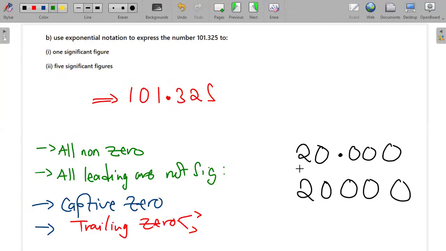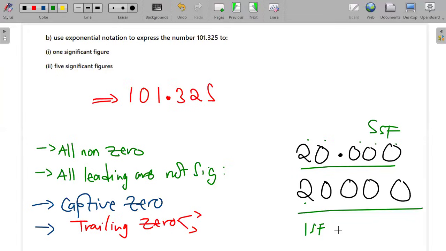In this number we can see a decimal point, so all these trailing zeros are going to be significant. But if there's no decimal point in the number, then the trailing zeros are not significant. If I count the number of significant figures here, I'll say 1, 2, 3, 4, 5. There are 5 significant figures there. But here, it will just be 1 significant figure.